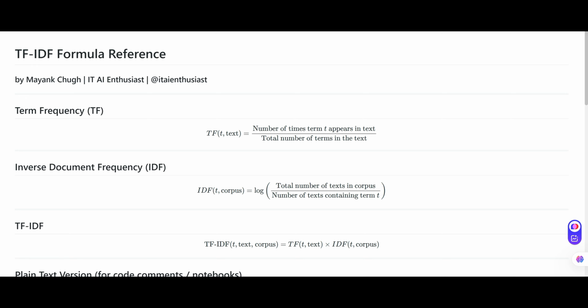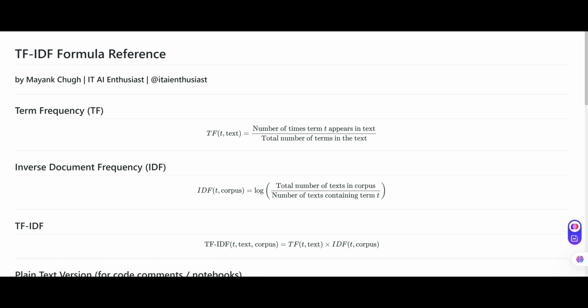Now the second formula, inverse document frequency, IDF. IDF(t, corpus) equals log of the total number of texts in the corpus divided by the number of texts containing term t. IDF asks how rare is the word across all documents in the corpus. Think about the word "the".